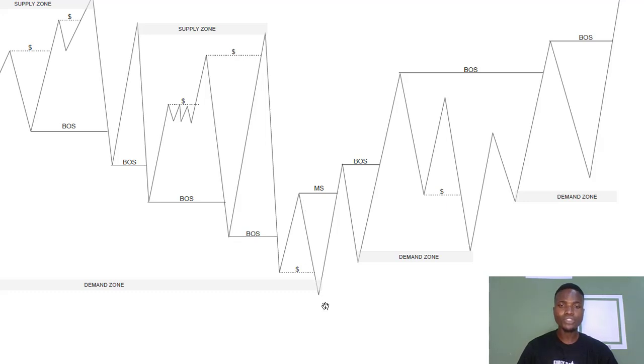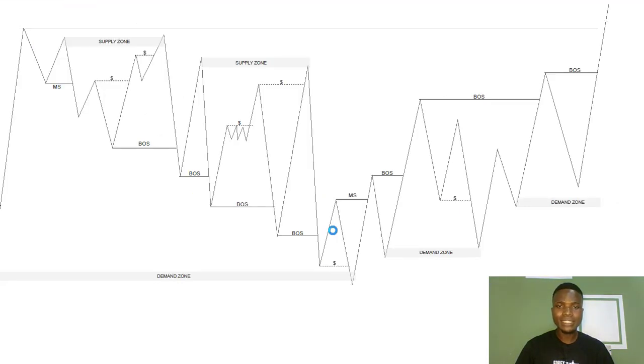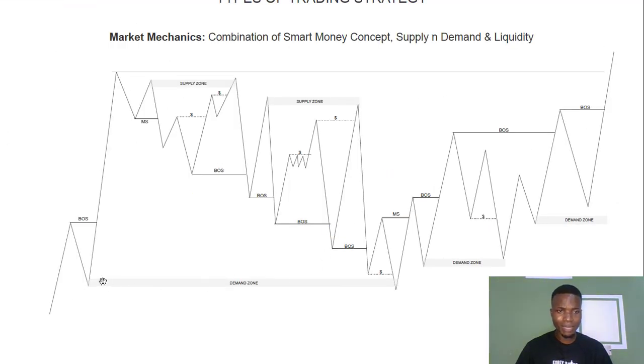It's supposed to come down, create another lower high before it continues to another lower low. But this is not what happened around here. What actually happened right here is that price has respected this demand zone because the buyers are actually in control of the market. And because price has respected this zone again, there is going to be another market shift.